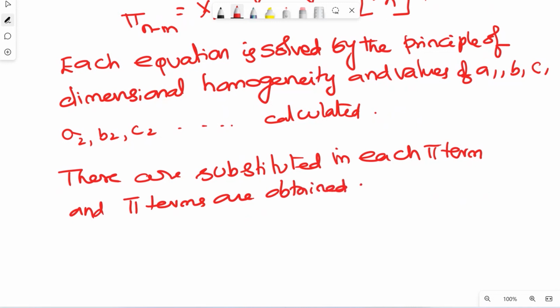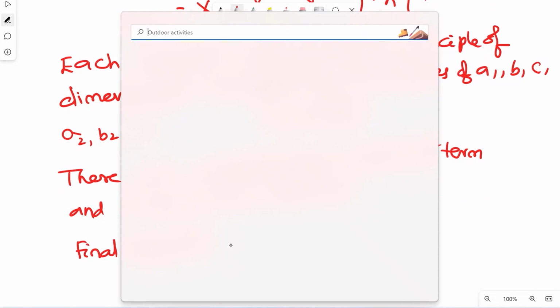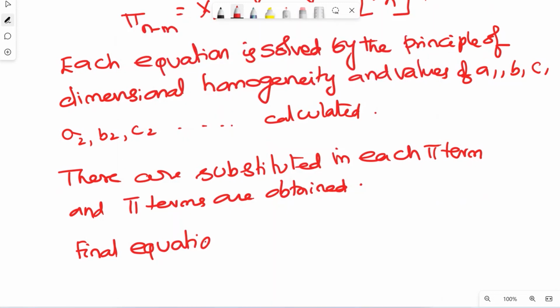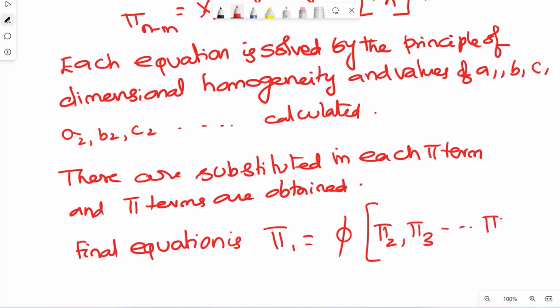And the final equation is pi 1 is equal to a function of pi 2, pi 3, up to pi n minus m. Right? That's it, completed. So once again, I repeat it.